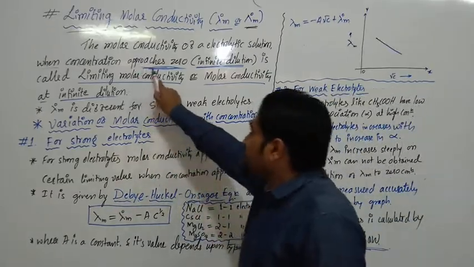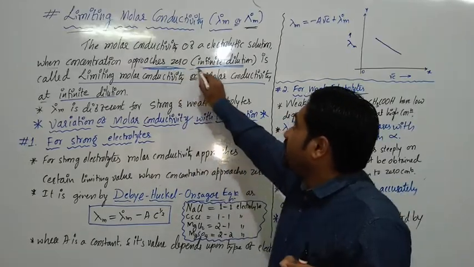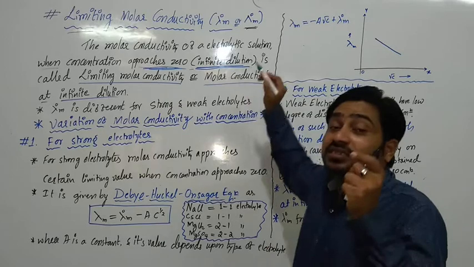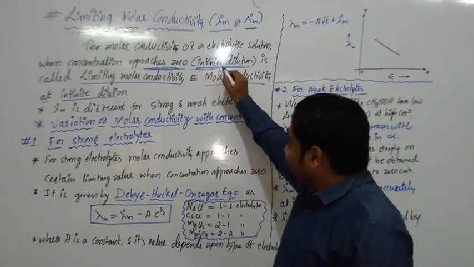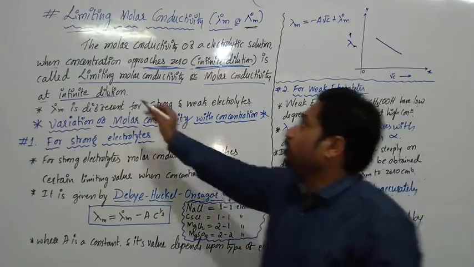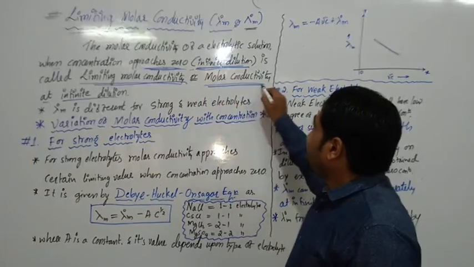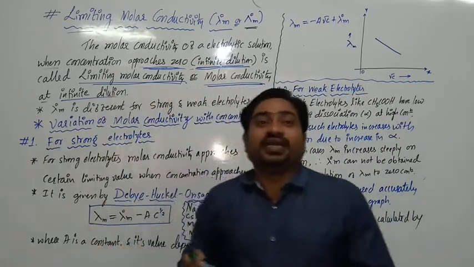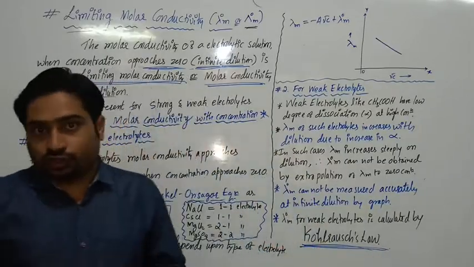When the concentration approaches zero, we can call it infinite dilution. The dilution is maximum, infinite. At that condition, the conductance of that electrolytic solution is called limiting molar conductivity or molar conductivity at infinite dilution.